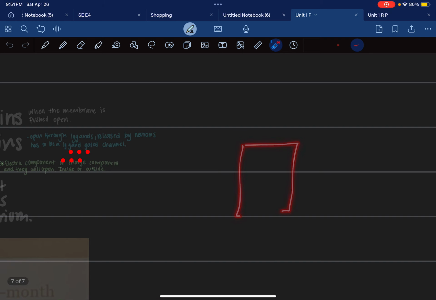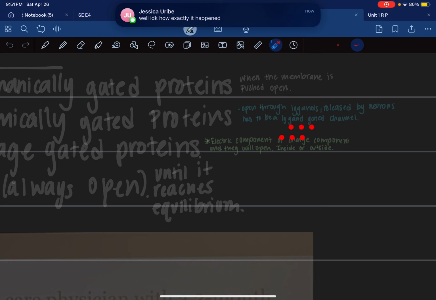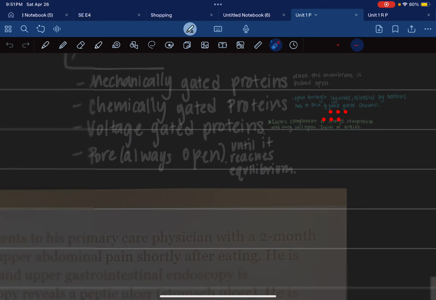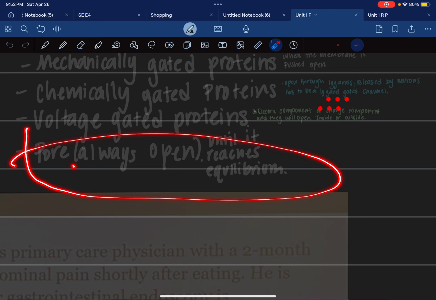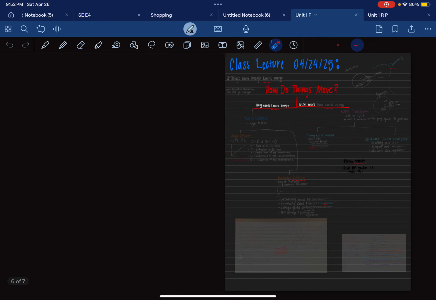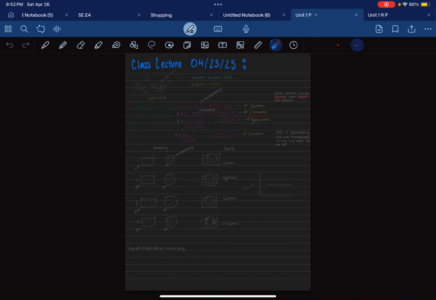So this is closed, but if something attaches, it opens. Voltage-gated protein channels. Oh yeah. These are always open until it reaches equilibrium.